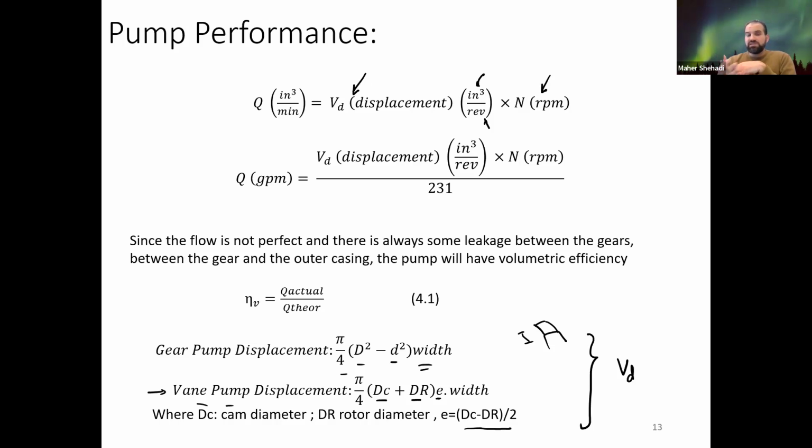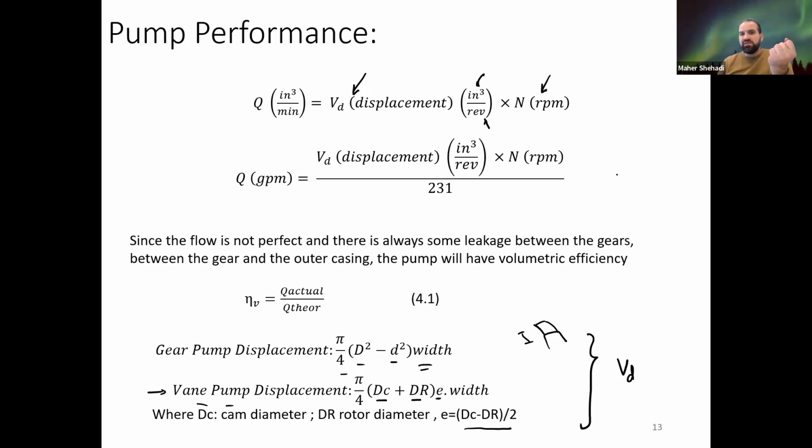So I wouldn't recommend using these equations. Instead, if you want to calculate the actual flow rate or the theoretical flow rate and compare it to the actual flow that you get out, we need the theoretical flow or design value based on when I'm doing the measurement. So how do we do that?